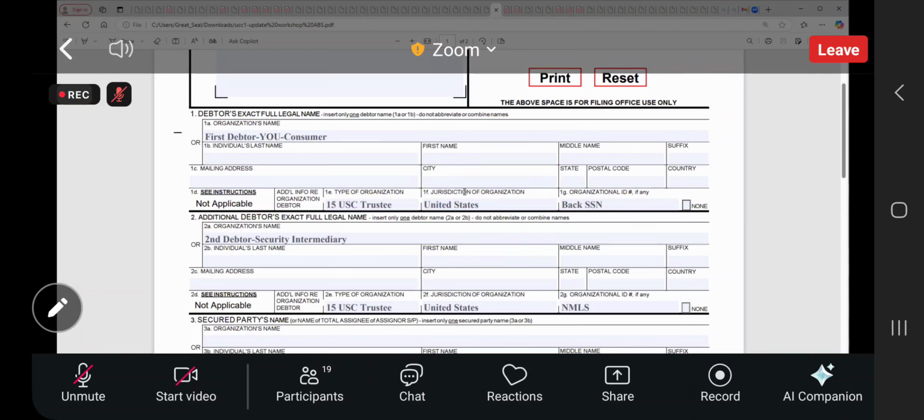But okay, so right here, the organizational ID is the back of your social. Why is that important? Because the back of your social will attach you to your Federal Reserve Bank. That's your organizational ID number, but it's private, so they're going to redact it. But that's the number you put back there so you can attach to your Federal Reserve Bank. So if you plan on using your Federal Reserve Bank, your financial statement, which is a perfected security interest, coincides with your actions.